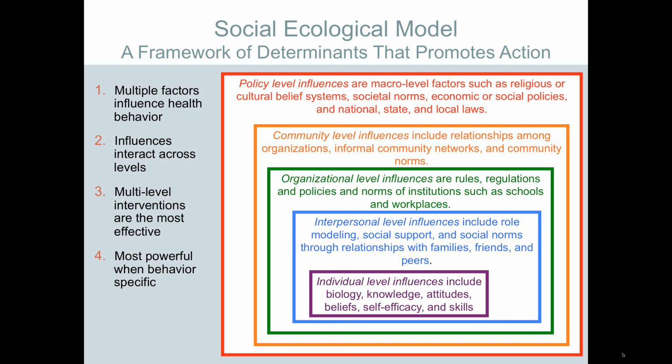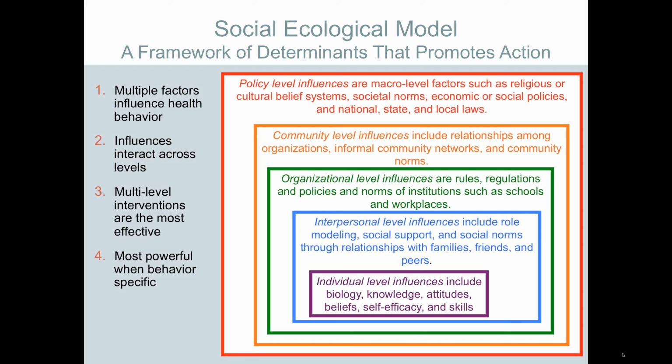And there are some characteristics of this model, how this model works, that are important to note, and they're listed over on the left of your slide. One of the characteristics of this model that's important is that multiple factors influence health behavior.